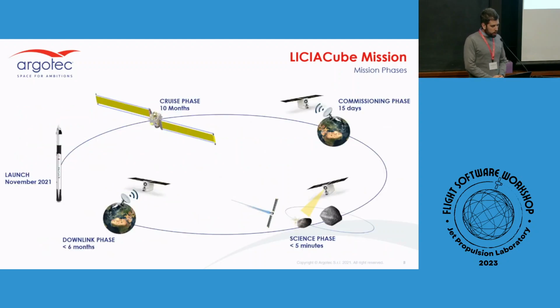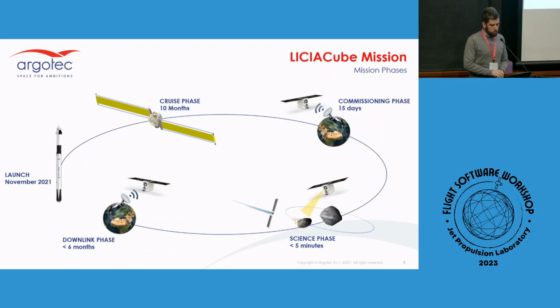This is the mission profile. The launch happened in November 2021. We had a 10-month cruise phase where LICIACube was stowed inside its dispenser attached to one of DART's side panels. After these 10 months, we were deployed about 15 days before the impact with Dimorphos.